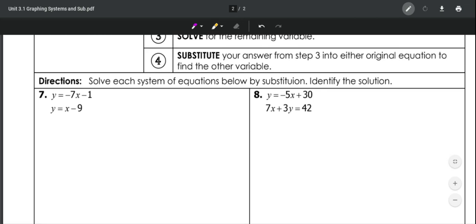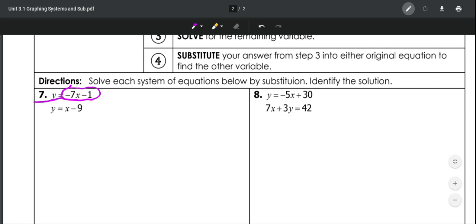So what that would look like is, let's look at number 7. Both of these are y equals, so we have y isolated. This top one says that y equals negative 7x minus 1.